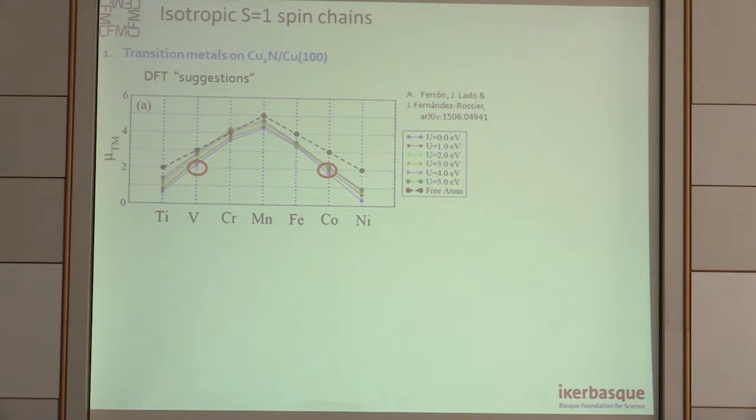And if we rely on these DFT results, we see that the magnetic moment is reduced with respect to the free atom. And if we are looking for a spin 1 system, that is a magnetic moment of 2, the two candidates will be the cobalt and the vanadium atoms.